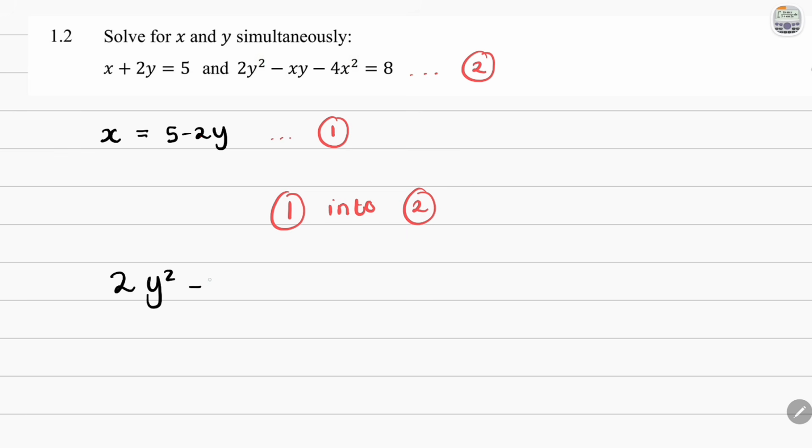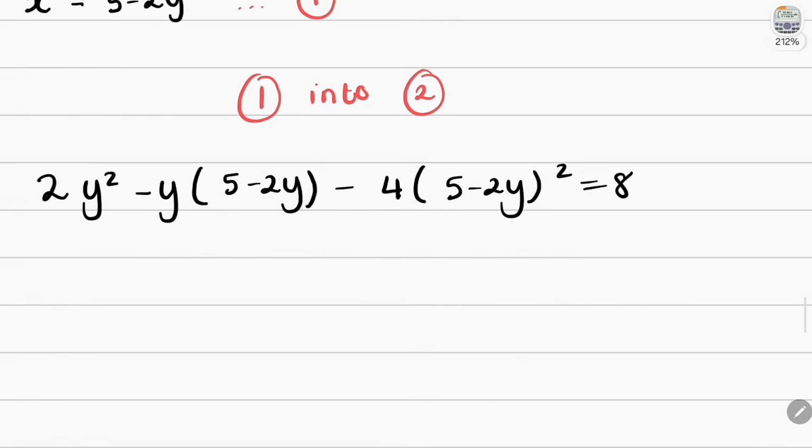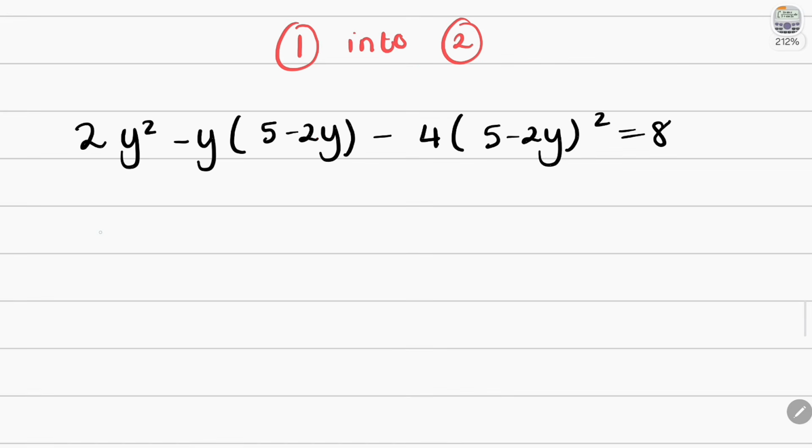So just rewrite it as minus y times 5 minus 2y minus 4. And then we have x again. So we're going to say times 5 minus 2y and squared is equal to 8. And now we're solving for y. So this is 2y squared, and distribute here. That's negative 5y positive 2y squared.